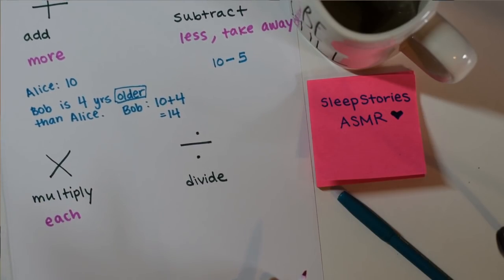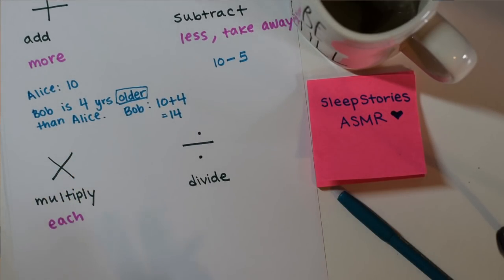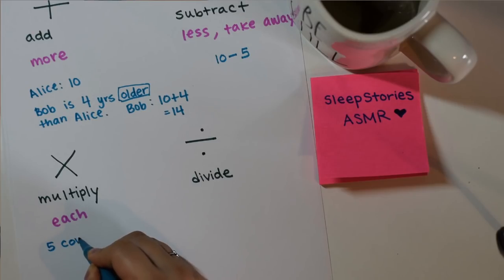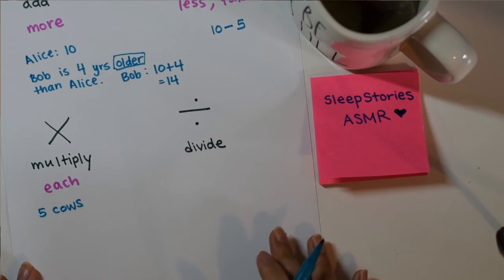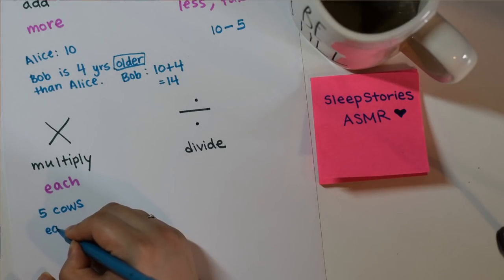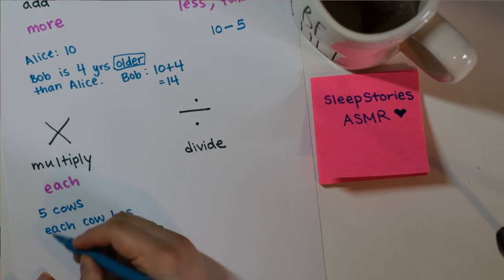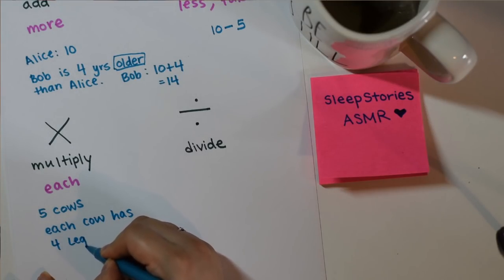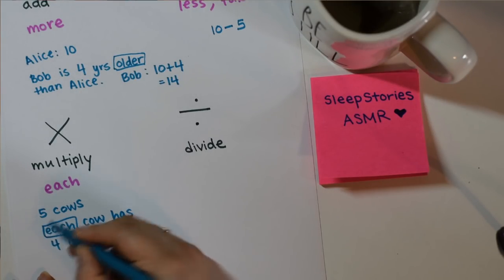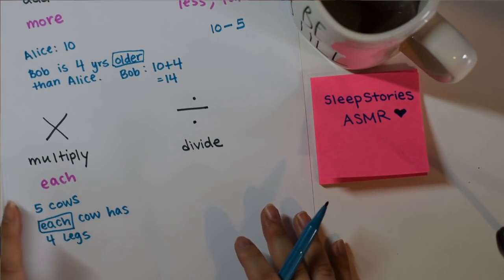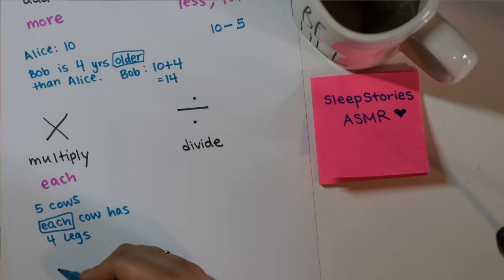Each is in the context of, let's say I have 5 cows, and each cow has 4 legs. So each of those cows has 4 legs. So how many legs do the 5 cows have in total? That would be 5 times 4.